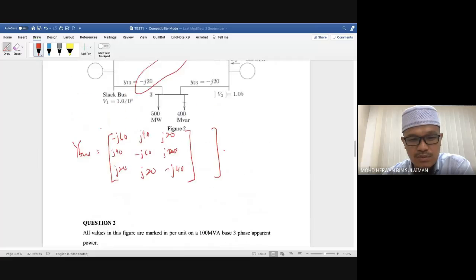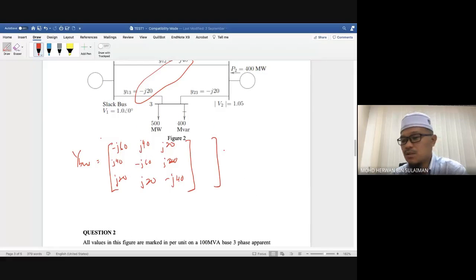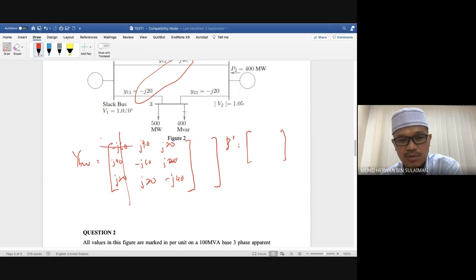Next, what you need to do is find your B prime. Remember B prime? Your B prime matrix. So for the B prime matrix we do the elimination because the slack bus is here. So we eliminate the slack.